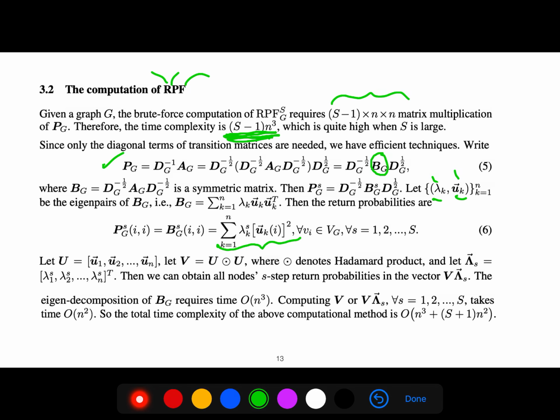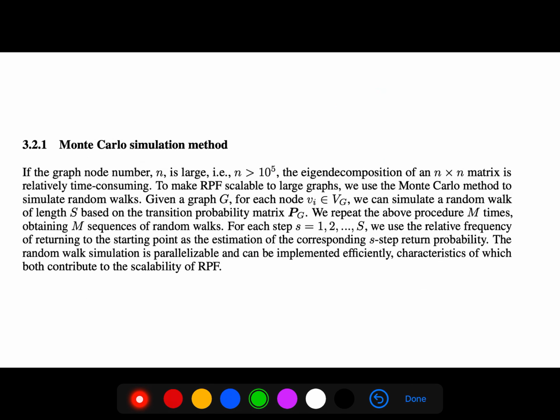So we can obtain all nodes' S-step return probabilities very quickly, because the eigendecomposition just requires order n cubed. And if the number of graph nodes is large, the eigendecomposition is relatively time consuming.